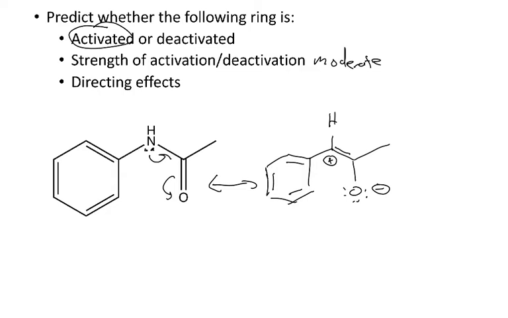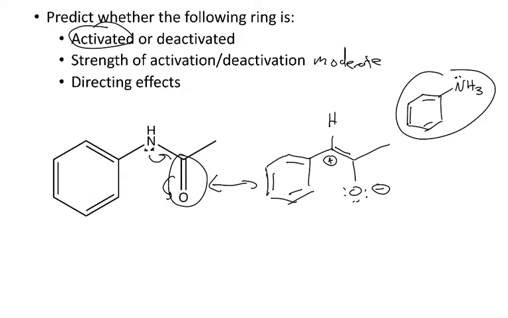Compare this to something like where I don't have any resonance outside the ring. This would be a strong activator. The presence of this group here is what makes it a moderate activator. And like all activators, this is going to be an ortho-para director.